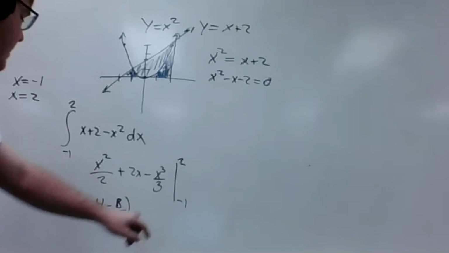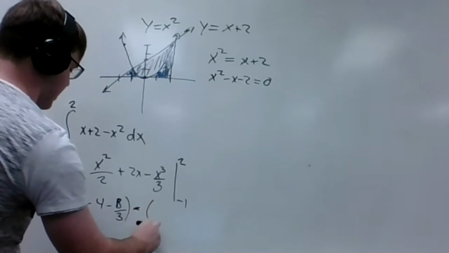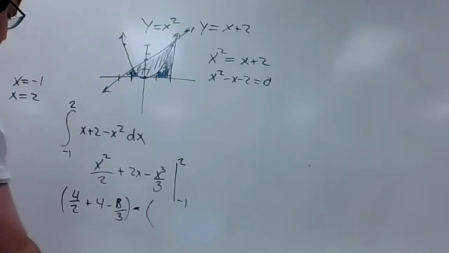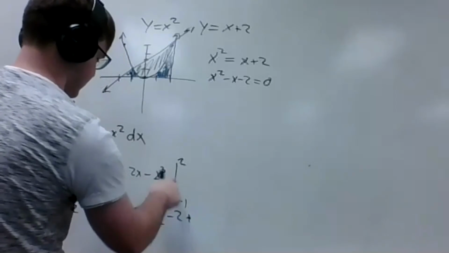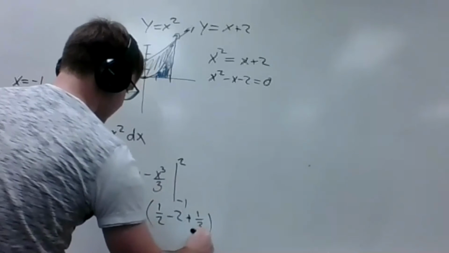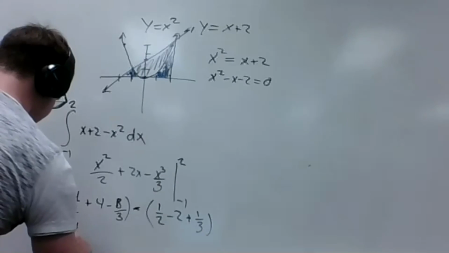And then there's a minus, the same thing with this -1 plugged in. So we're going to have this -1 squared, so that's just going to be 1/2 minus 2 plus this is still -1/3. And then distribute the negative.